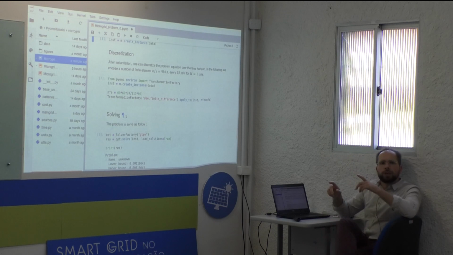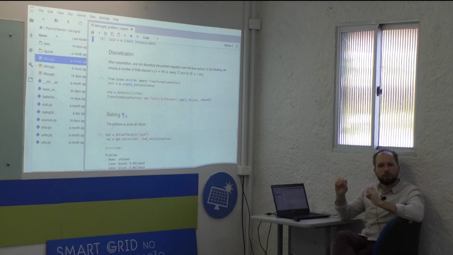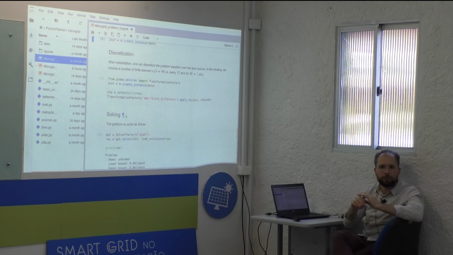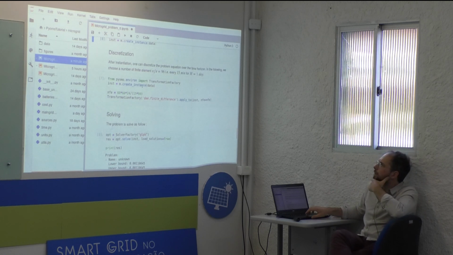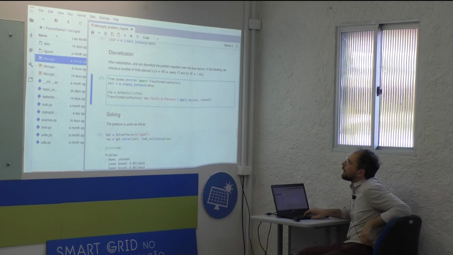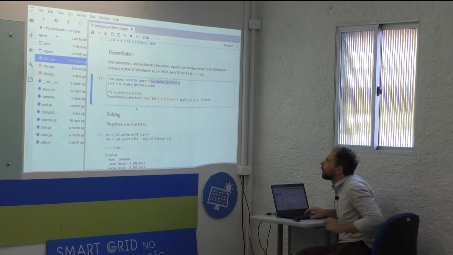And as I told you yesterday, my model is for the moment continuous. Okay, I didn't discretize the model, and all the equations are continuous for every t. So I need to discretize it to solve it, and I'm using a Pyomo function to do that, which is TransformationFactory.